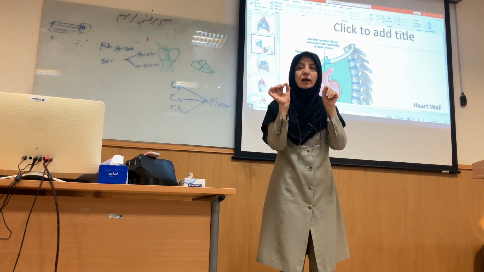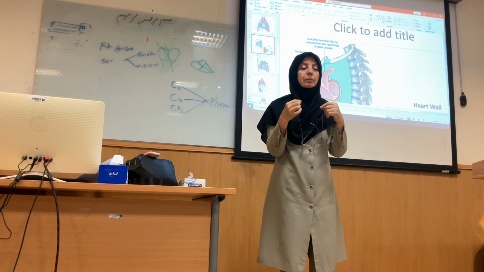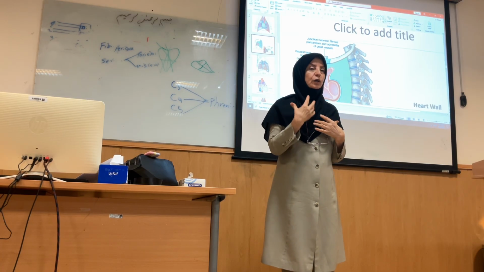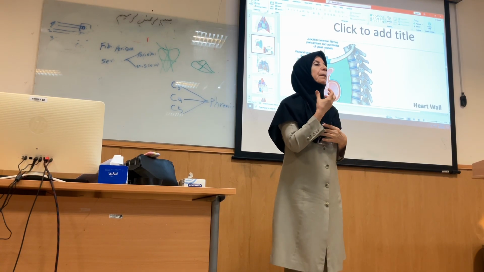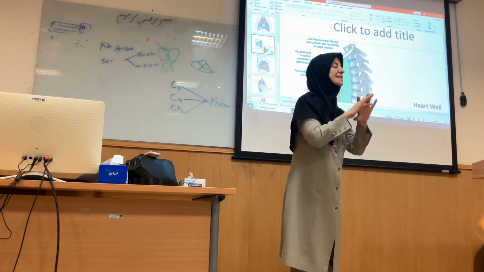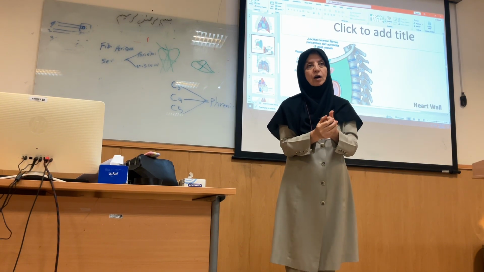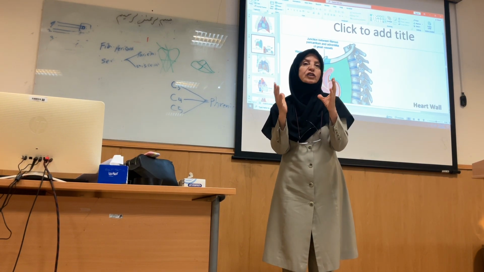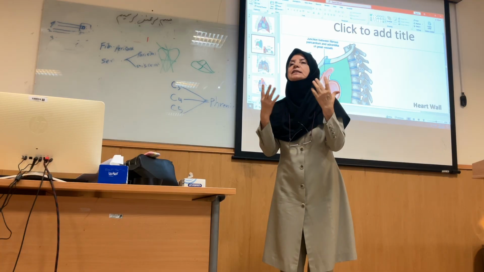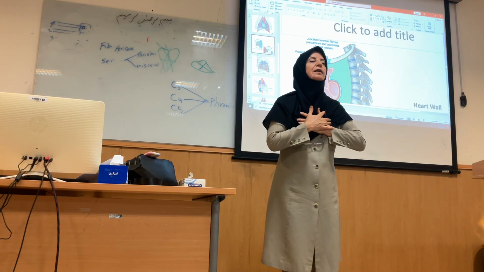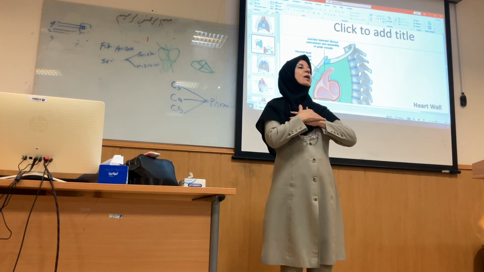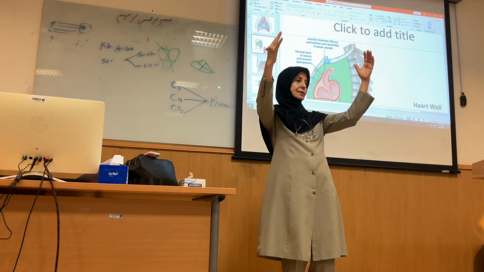Of course it is not the exact sign, but it is positional. You can think about pericarditis, inflammation of the pericardium. The inflammation of the pericardium is positional. In some positions the pain decreases, in some positions the pain increases.